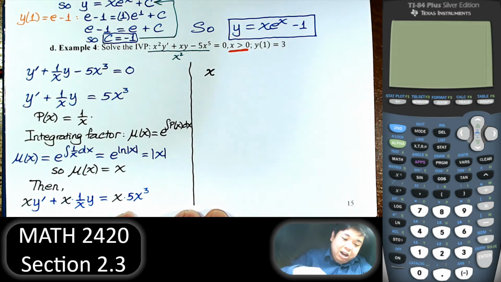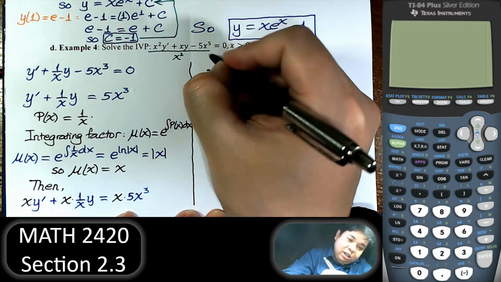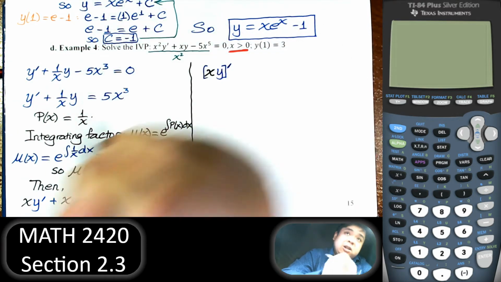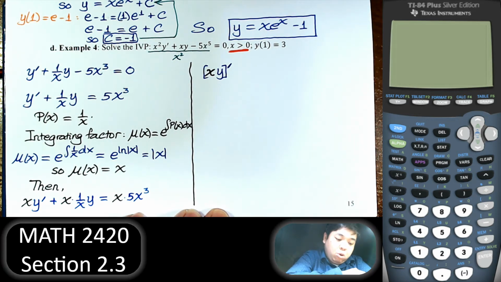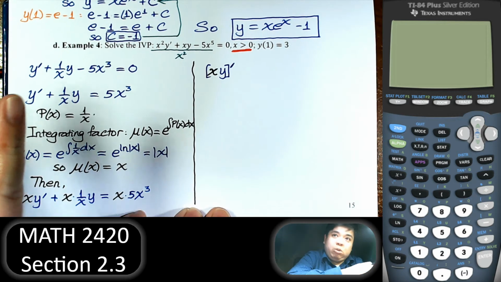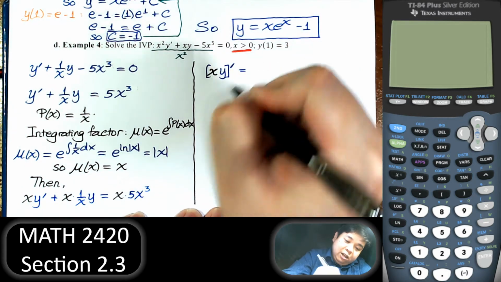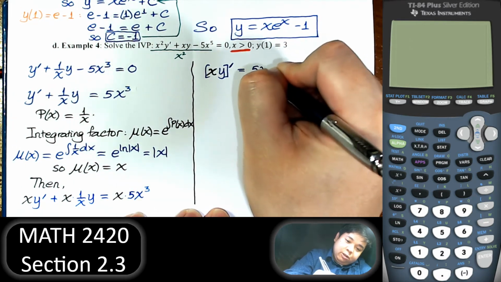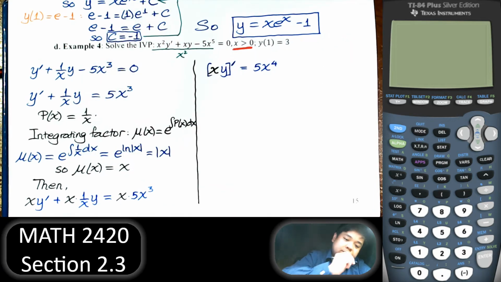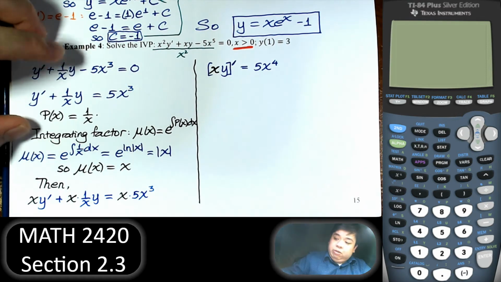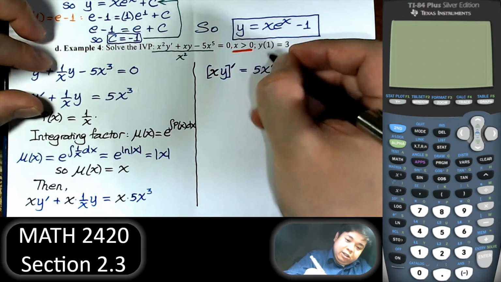Anyway, so the left hand side we'll have the integrating factor, which is x times y inside the derivative. That's the product rule. Integrating factor and y inside the derivative. The right hand side, 5x to the 4th. Now get rid of the derivative, integrate both sides.